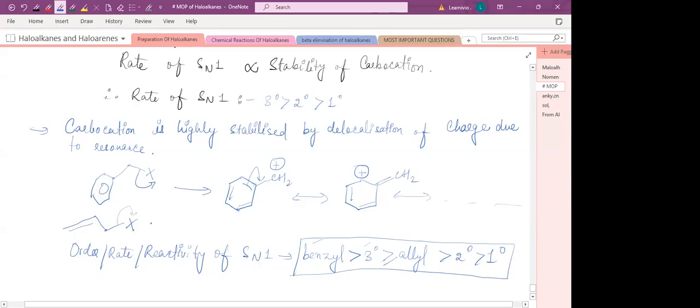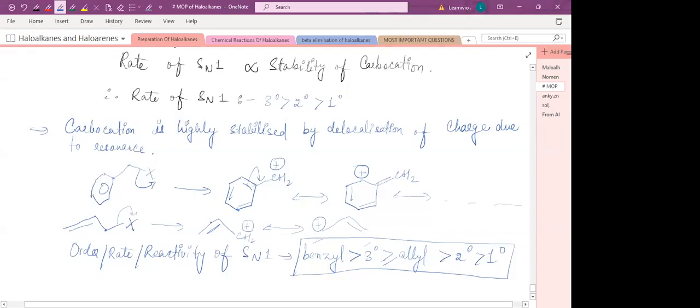So again, you can draw the same structure. Here the CH2 will form the carbocation, right? Now when you delocalize this charge, the charge comes over here, right? So you get the resonating structure, the delocalization of charge, right?